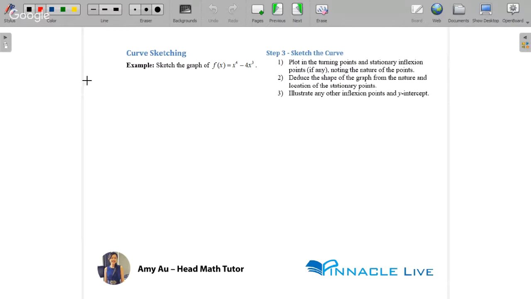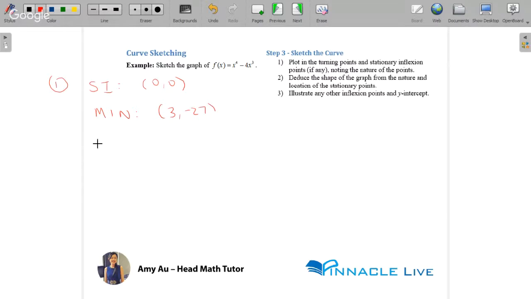Right, so let me summarize for you what we found so far. On the first derivative, we've got a stationary inflection point at (0, 0). We've got a minimum turning point at (3, -27).